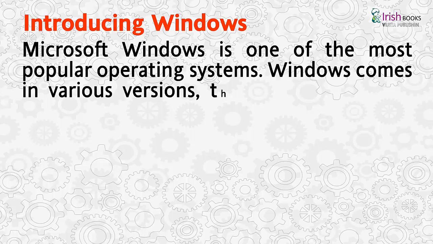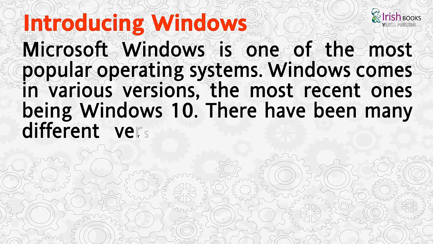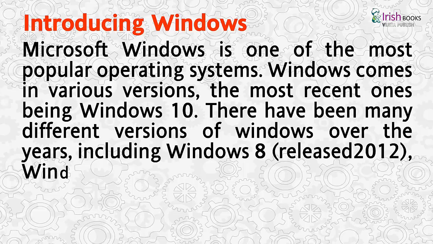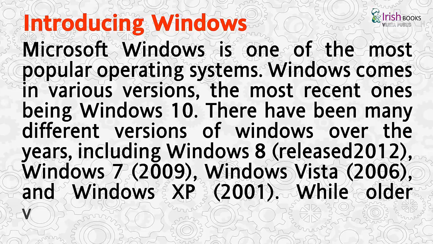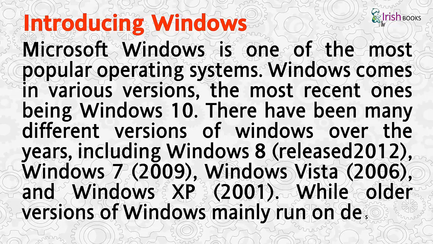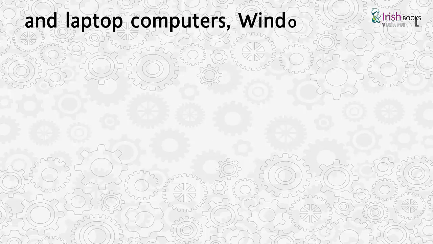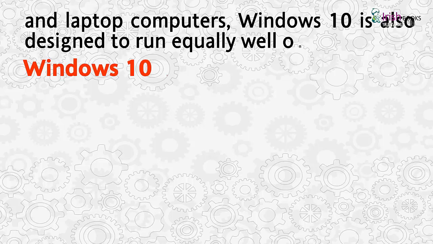There have been many different versions of Windows over the years, including Windows 8, released 2012, Windows 7, 2009, Windows Vista, 2006, and Windows XP, 2001, while older versions of Windows mainly run on desktop and laptop computers. Windows 10 is also designed to run equally well on tablets.